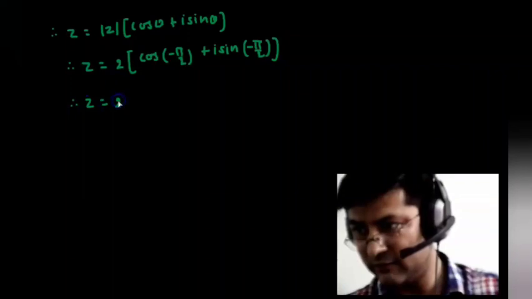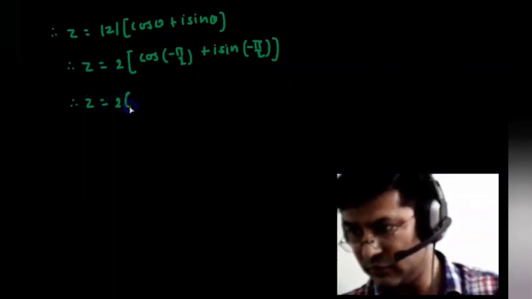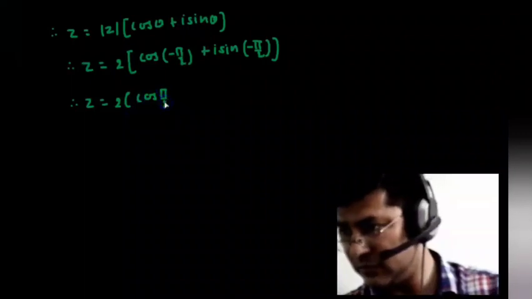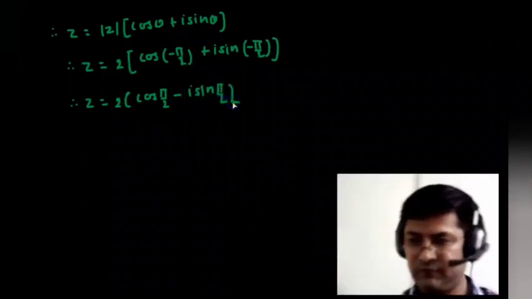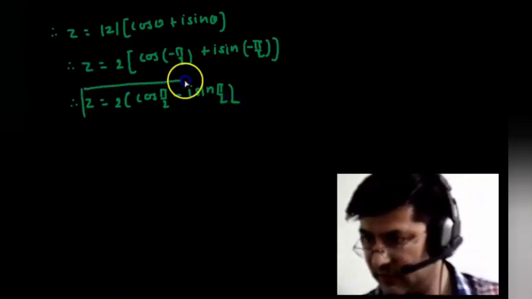Therefore z is equal to 2 into cos of minus theta is cos theta, that is cos pi by 2, and sin of minus theta is minus sin theta, so minus i sin pi by 2. Clear? So I hope that you have understood this topic very well.